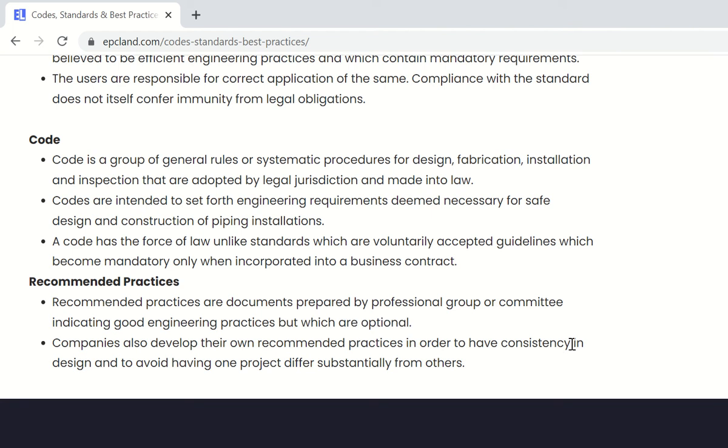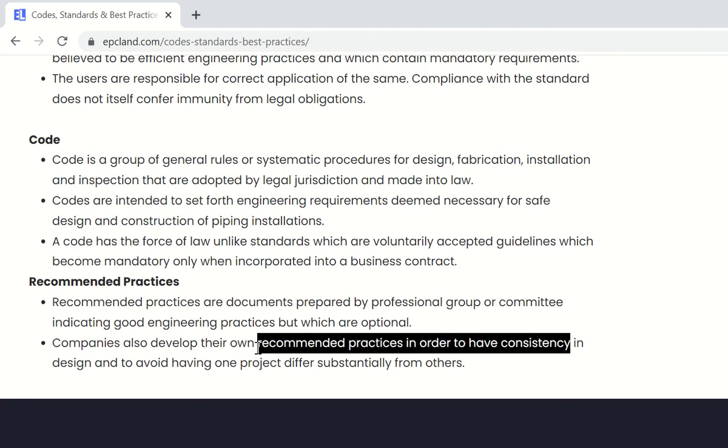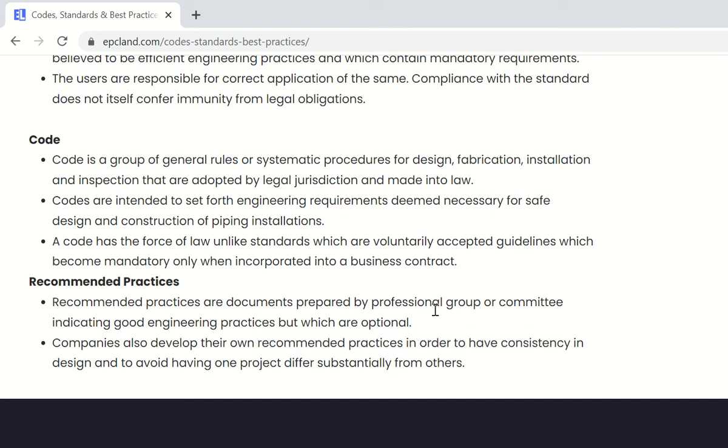Suppose many professionals are working on some project and they quit their job and join somewhere else, and they find similar practices there. This will help them to implement the requirements, the necessary safety guidelines, and the practices.